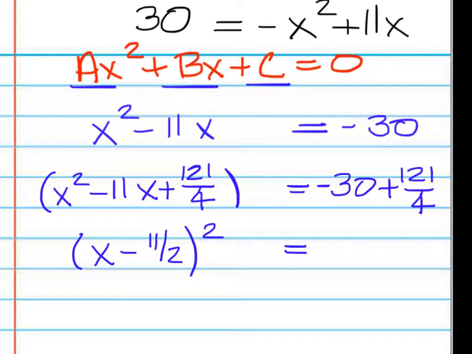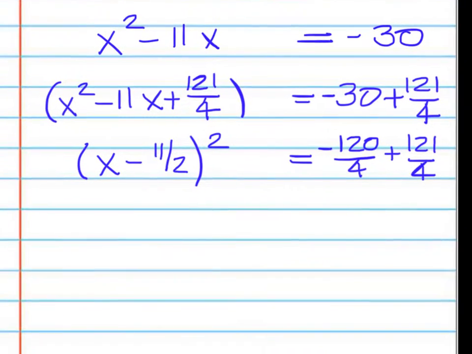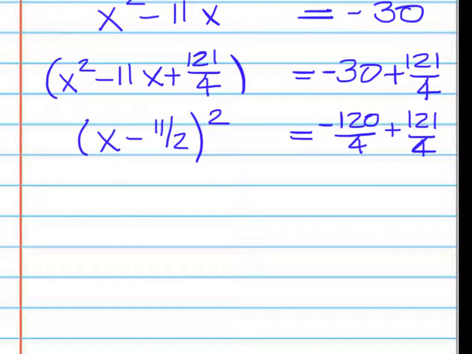We need a common denominator of 4, so that would give me negative 120 over 4 plus 121 over 4. And I have to combine those fractions. Negative 120 plus 121 is simply 1. So I have a 1/4.